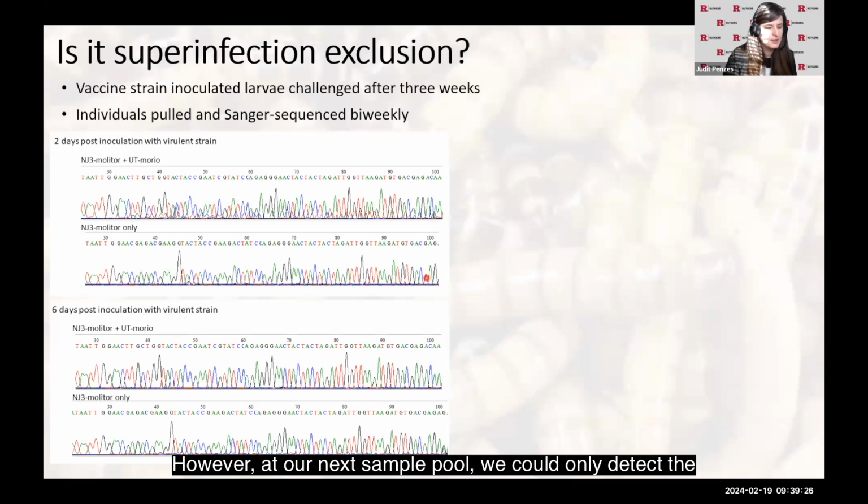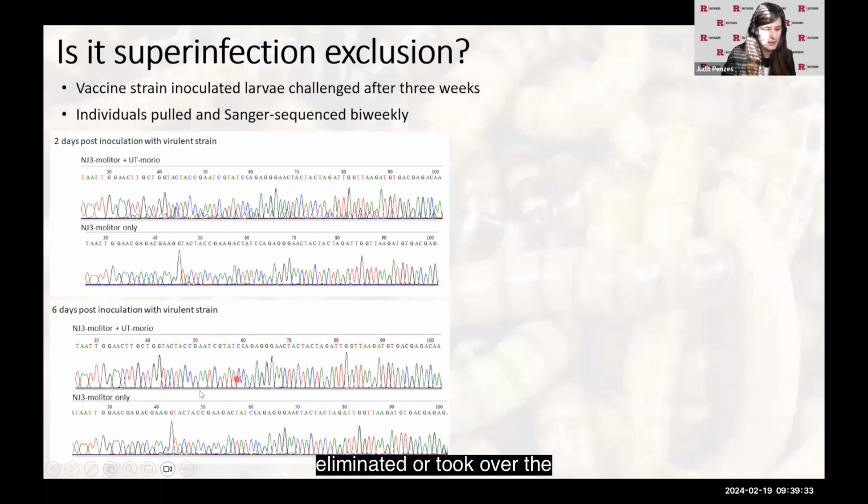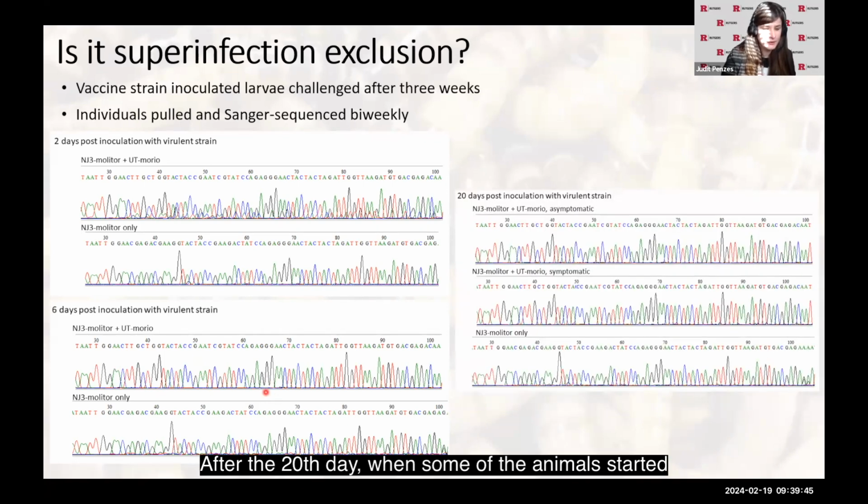However, at our next sample pool, we could only detect the Utah strain going forward in these samples. It completely eliminated or took over the non-virulent mealworm strain's replication. And after the 20th day, when some of the animals started exhibiting symptoms while some still remained protected, we could not observe any difference.